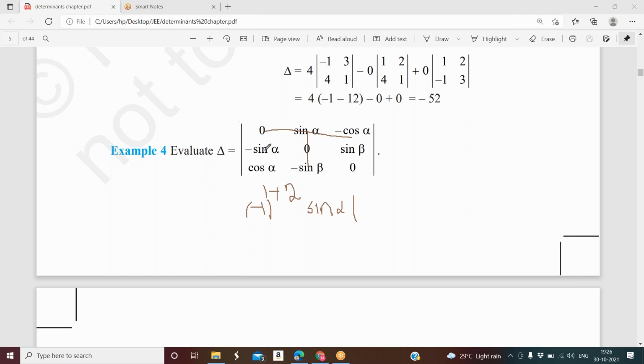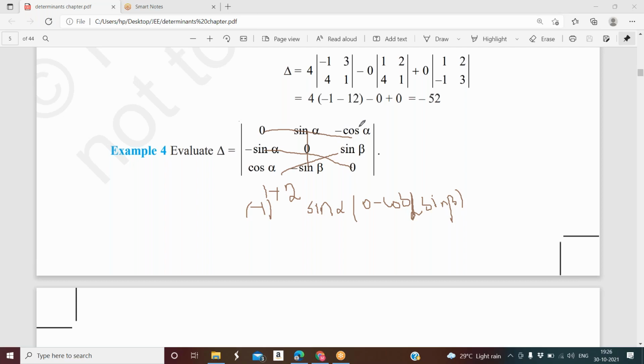The determinant value of this 2 by 2 matrix is minus sine alpha into 0, which is 0, cross multiply, then minus cos alpha sin beta.